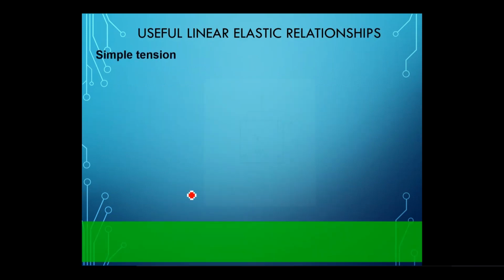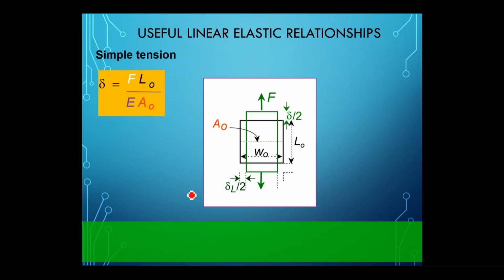Some other relationships in a simple tensile test: the deformation is essentially represented with force, original length, Young's modulus, and cross-sectional area. How do you get that? You know that Young's modulus is basically engineering stress over engineering strain, and stress is basically force over area, and the strain is basically change in length divided by original length, which is delta.